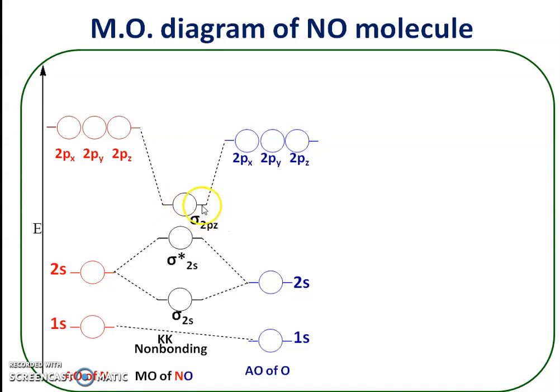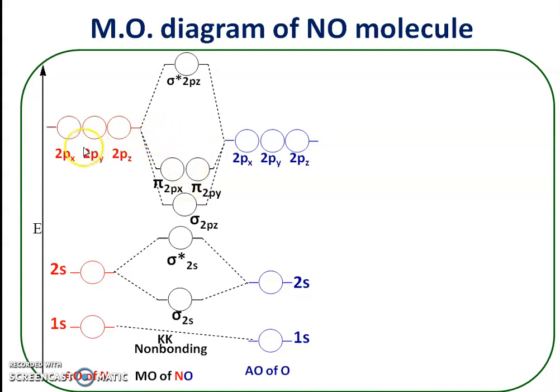It results in the formation of the sigma 2pz bonding molecular orbital. At the same time, the out of phase combination between the 2pz atomic orbital of nitrogen and the 2pz atomic orbital of oxygen results in the formation of the anti-bonding molecular orbital, represented by sigma star 2pz.